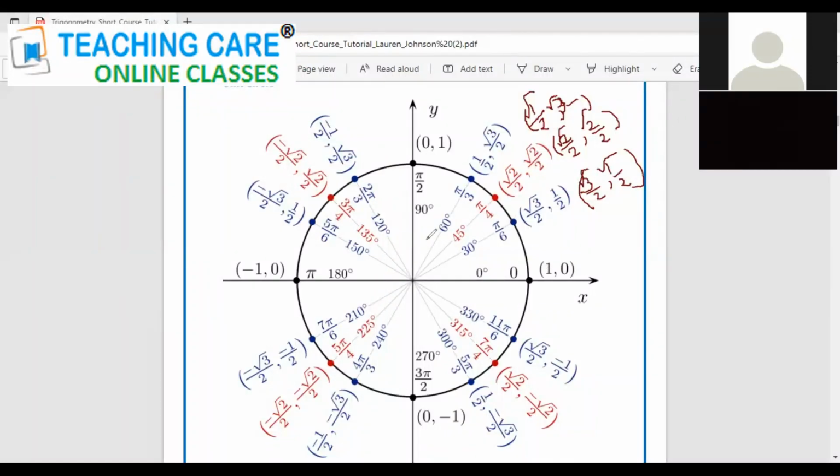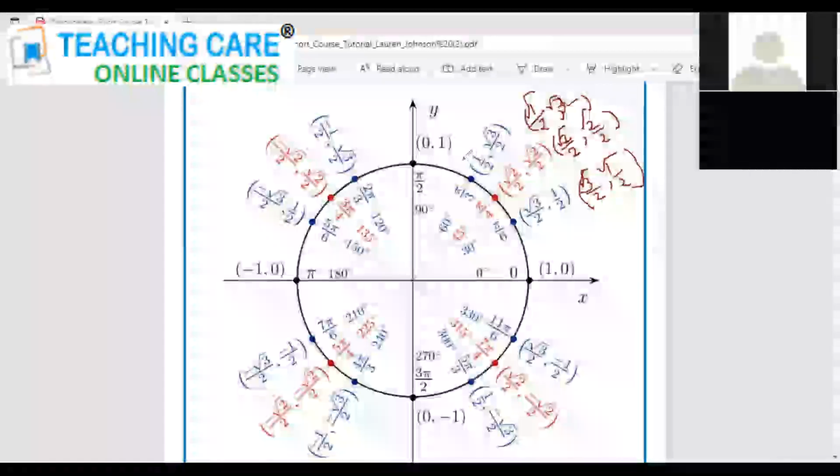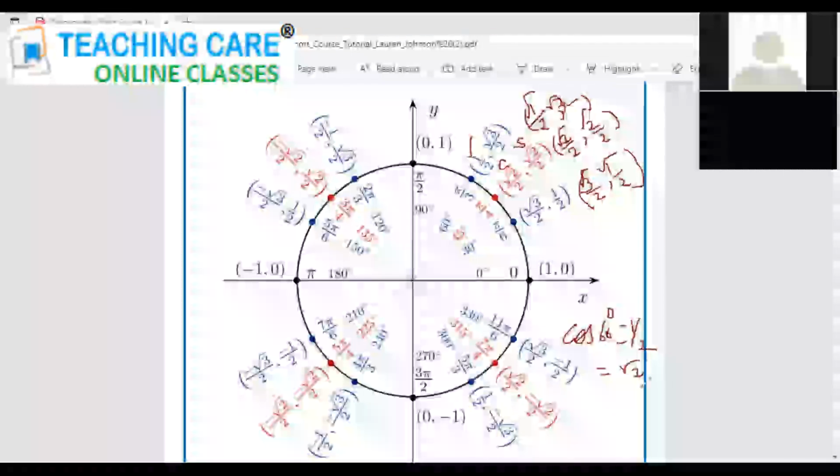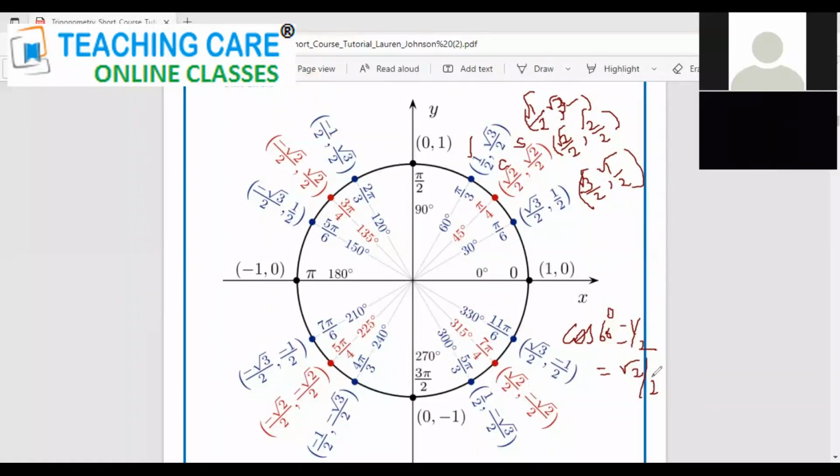When they ask what is cosine of 60 degrees, you take this one and write 1 over 2. Cosine of 60 degrees is 1 over 2. When they ask what is sine of 45 degrees, first is cosine, then sine, so sine of 45 degrees will be square root of 2 over 2. Understood? I will send you these notes.